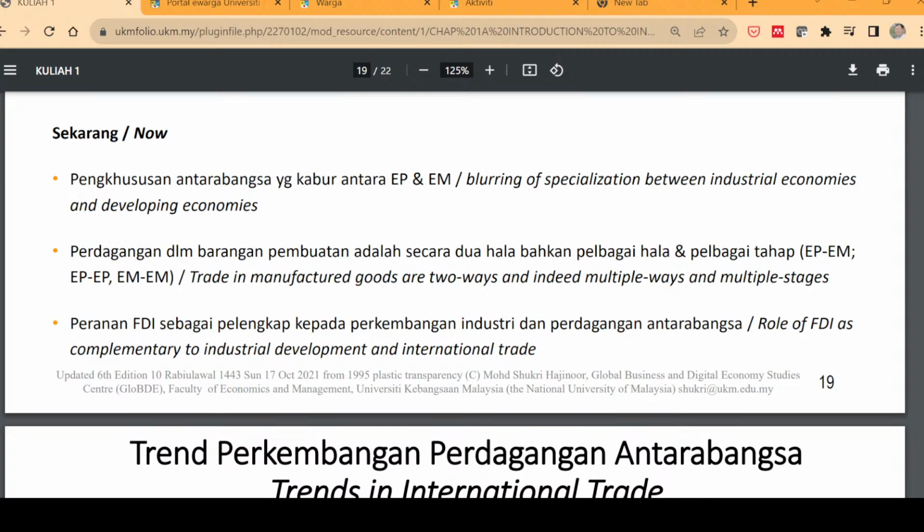So the exports of manufactured goods were beginning, and are until today, two ways.